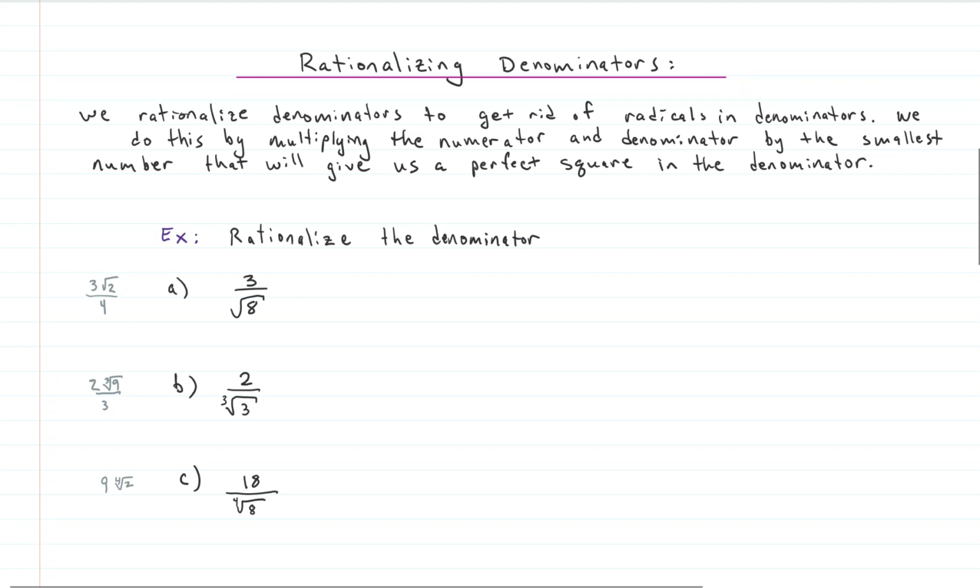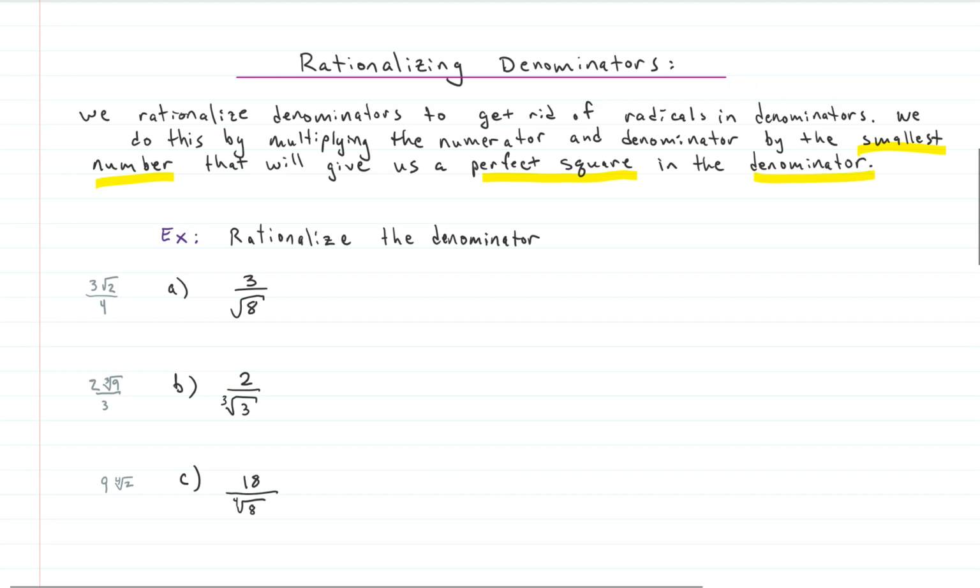We do this by multiplying the numerator and the denominator by the smallest number that will give us a perfect square in the denominator. This is kind of an important part, so let me state that again. We rationalize the denominator by multiplying the numerator and the denominator by the smallest number that will give us a perfect square in the denominator.